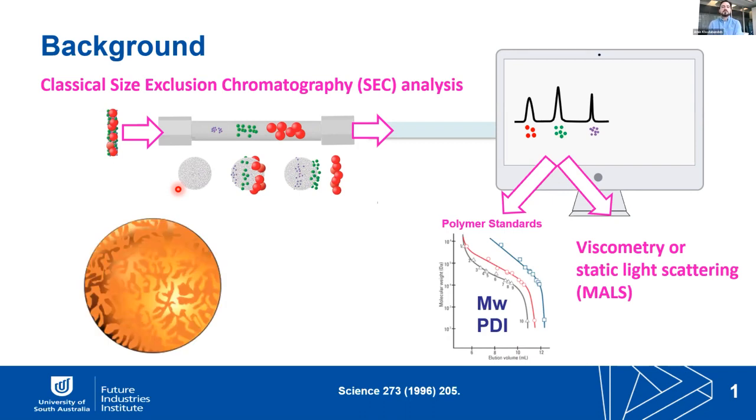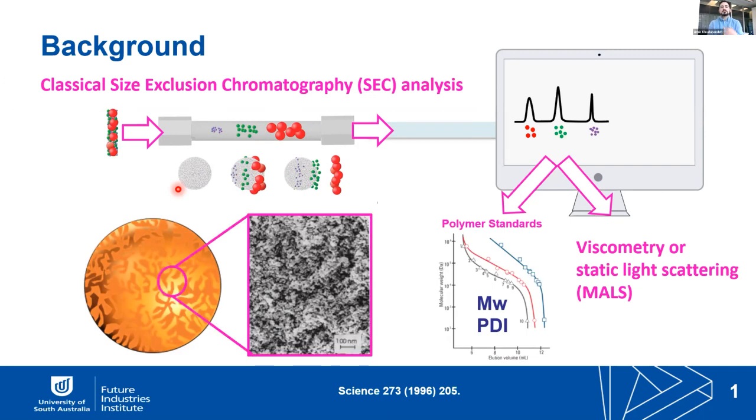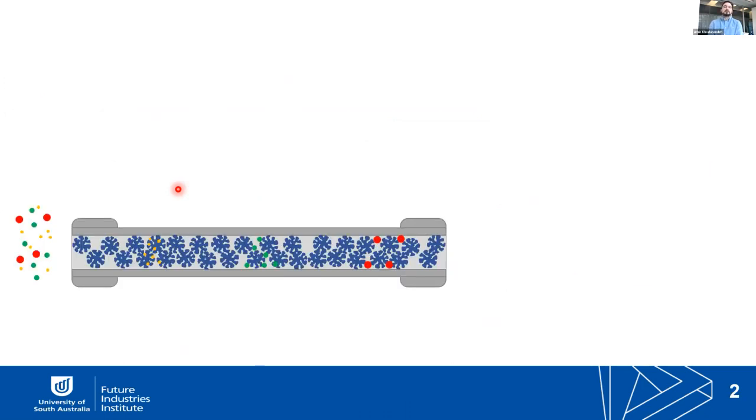So basically what we have inside the column is larger pores and smaller pores on top of the larger pores. The trend in research is that scientists are trying to reduce the particle size from 10 micrometers, which is the standard now, to 2 or sub-2 or 3 micrometers, to increase the efficiency of the work.